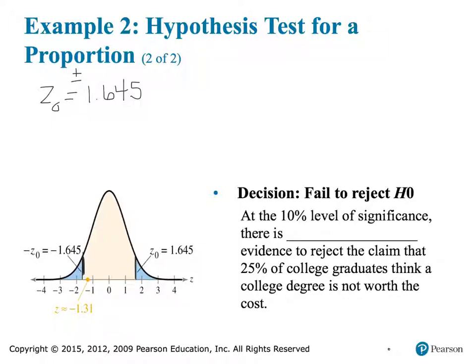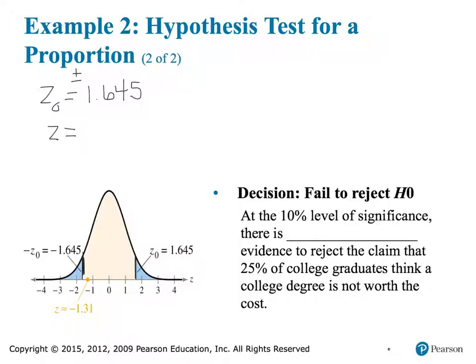Notice it's between 1 and 2 and between negative 1 and negative 2. The rejection regions then would be out beyond those two critical values. So they are the blue tails. If our sample proportion produces a test statistic that lies in either one of those tails, we're going to reject the null hypothesis. So let's calculate our Z test statistic.